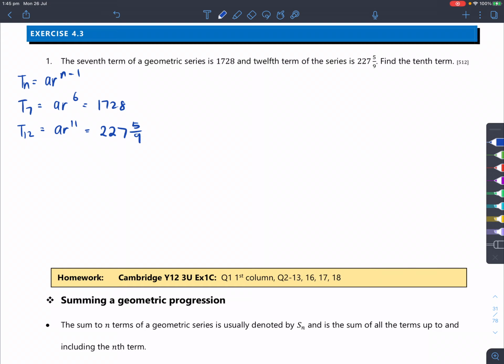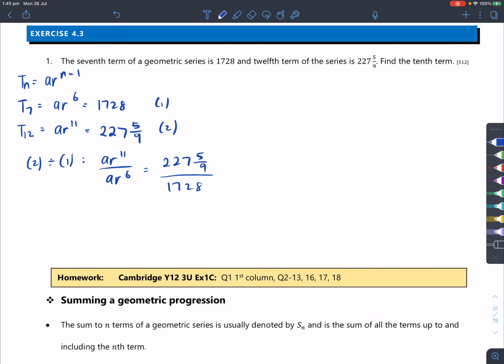So, by doing this, we can now generate two equations which we can solve simultaneously. So we're going to do equation 2 divided by equation 1, since the power of r is higher than the other one. And we'll get AR to the power 11 over AR to the power 6 equals 227 and 5 ninths over 1728.